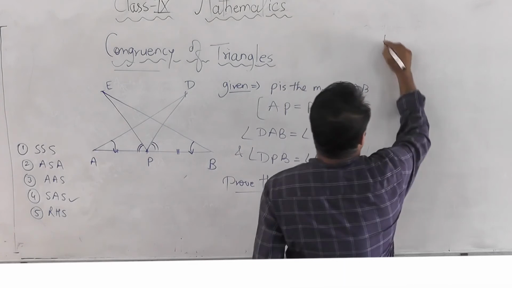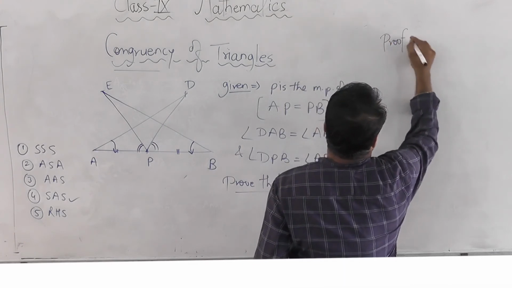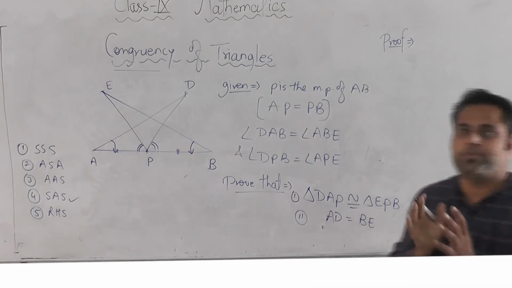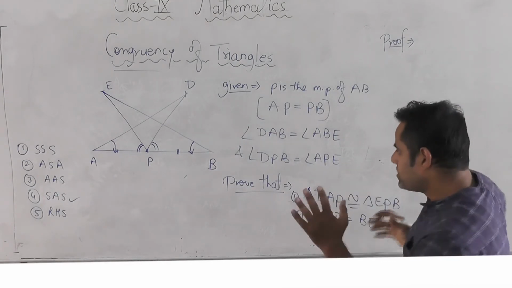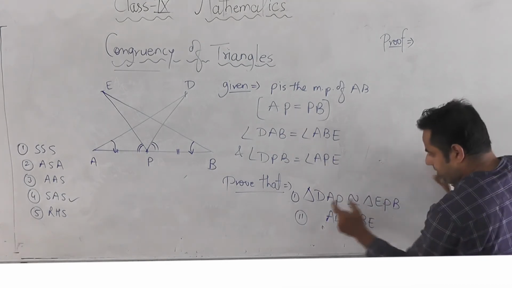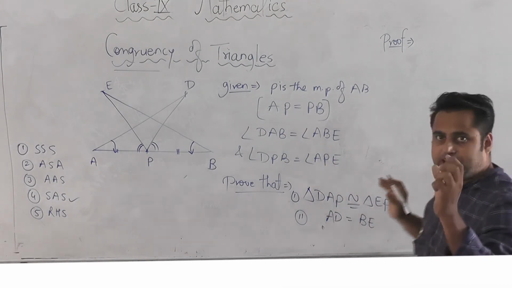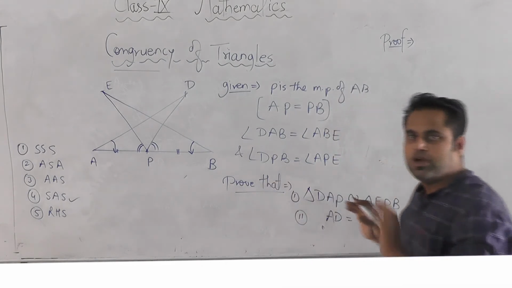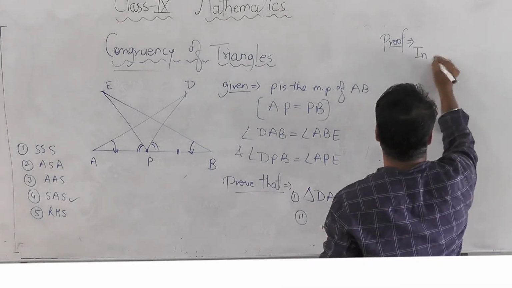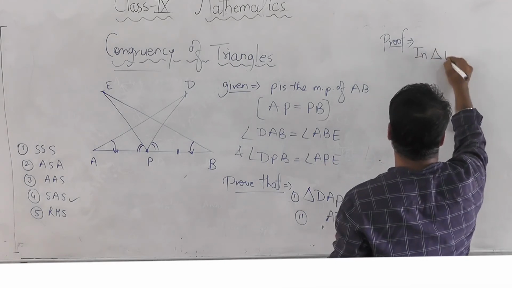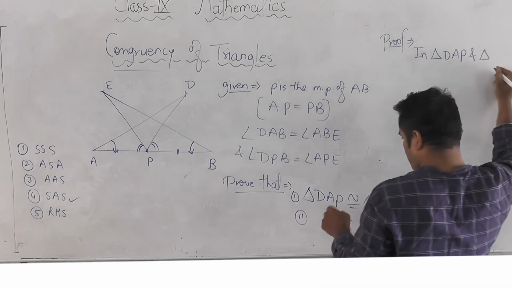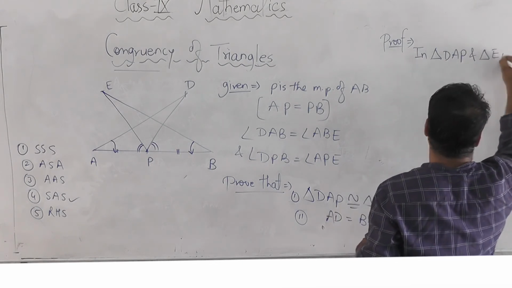So as I have told you before, in a proof, at first we will take the triangles which need to be compared with each other. As you can see, what we need to prove is DAP and EPB. So we are taking those triangles only which need to be proved. So let's take triangle DAP and another triangle EPB.